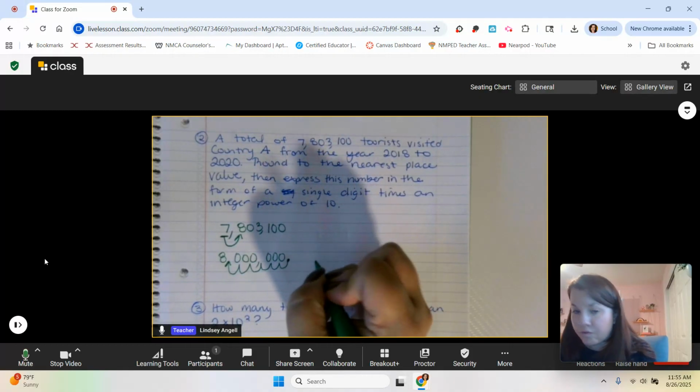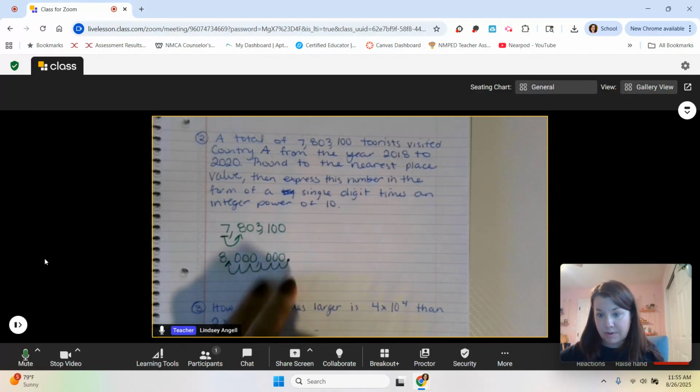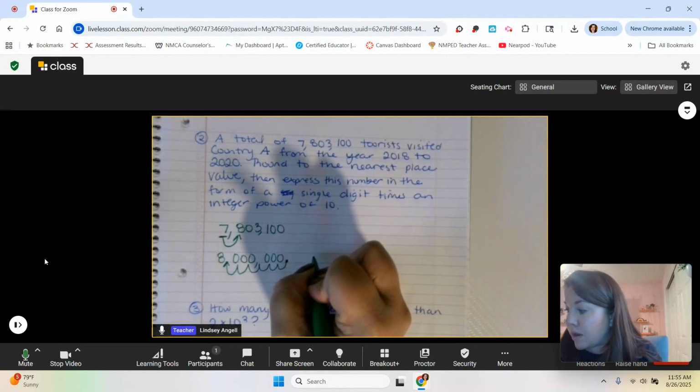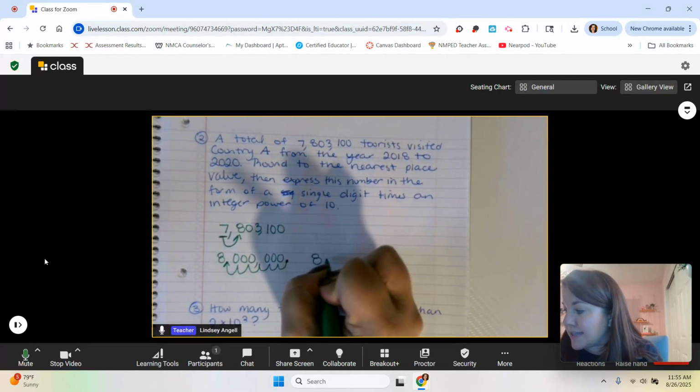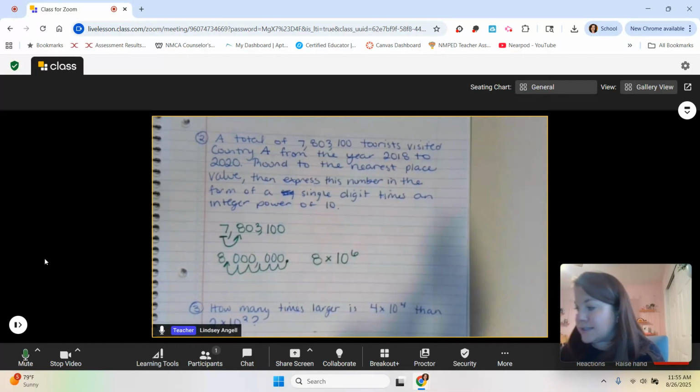And remember from our place value discussion and the exponents, if it was 10 to the third power, there were 3 zeros. If it was 10 to the second power, there were 2 zeros, and so on. Well, right now I have 6 zeros. So what I can do is rewrite this as 8 times 10 to the 6th power.